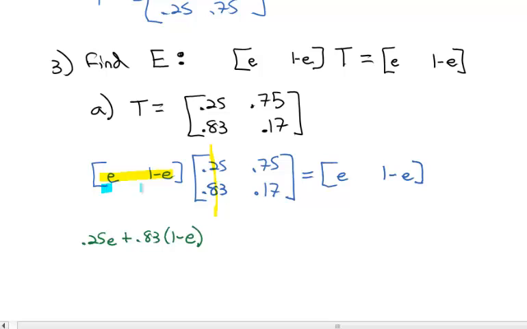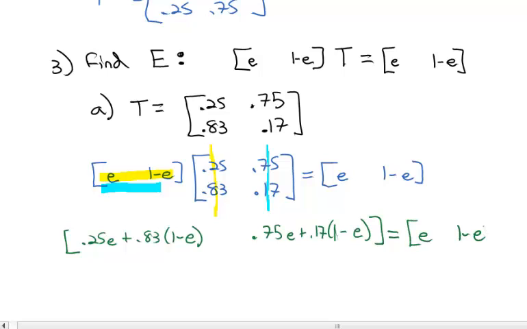Then we get to multiply a row times a column for the second entry, which gives us 0.75e plus 0.17 times 1 minus e. And that is still equal to our equilibrium vector of E, 1 minus E.